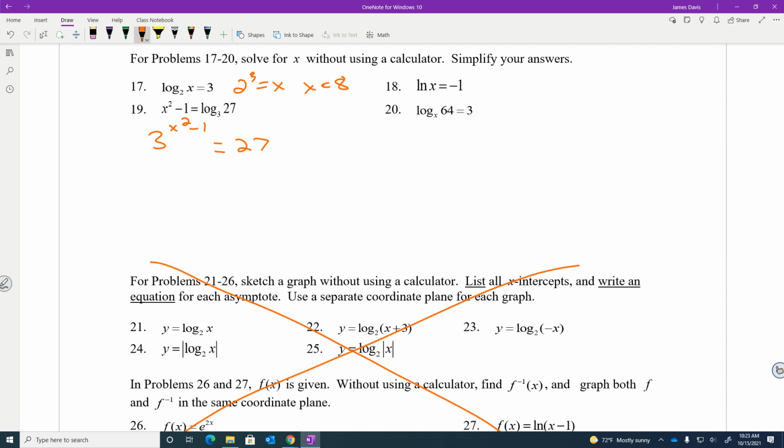So we're still not out of the woods yet, though. This is actually a property we haven't seen yet. So you could do log base 3 on both sides if you wanted to, right? There's actually another property that we haven't seen, but if you can write two things as the same base, then what do you think would be true of your exponents?